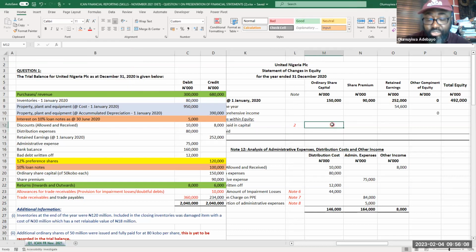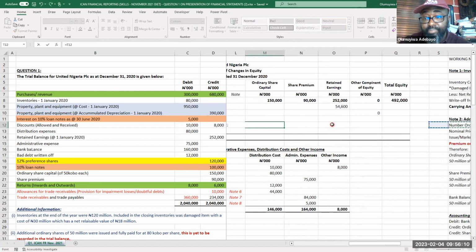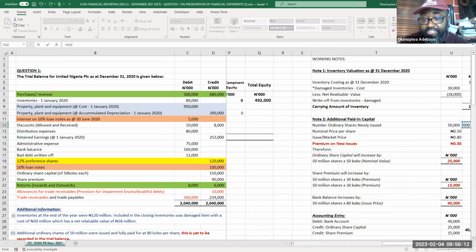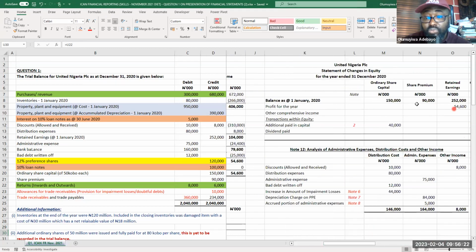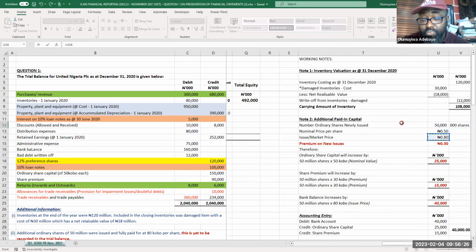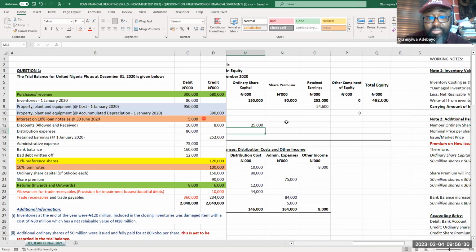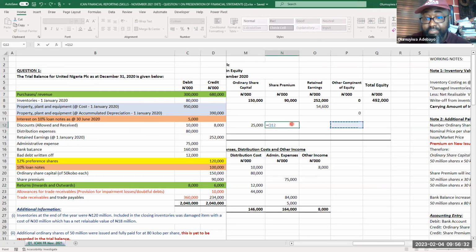Note 2, share capital increased by 25. And share premium increased by 15.